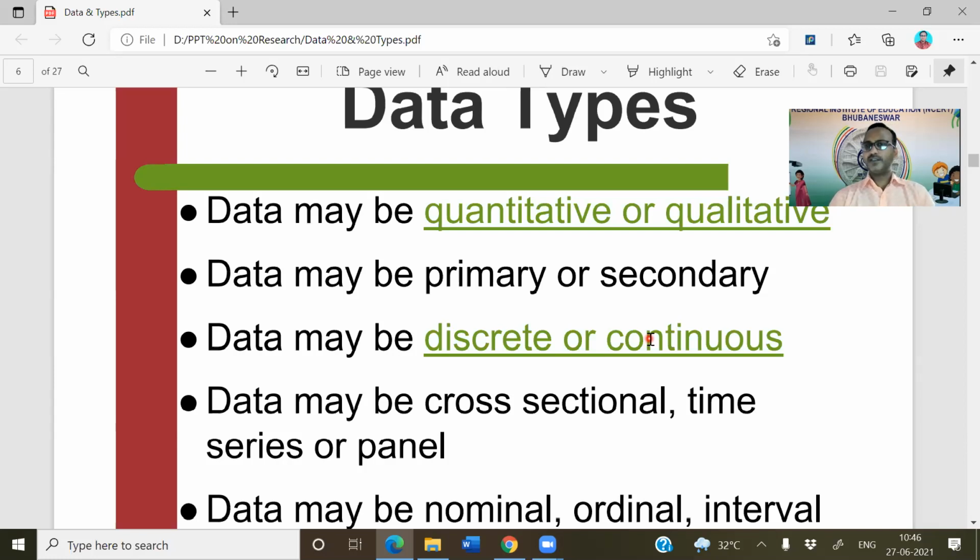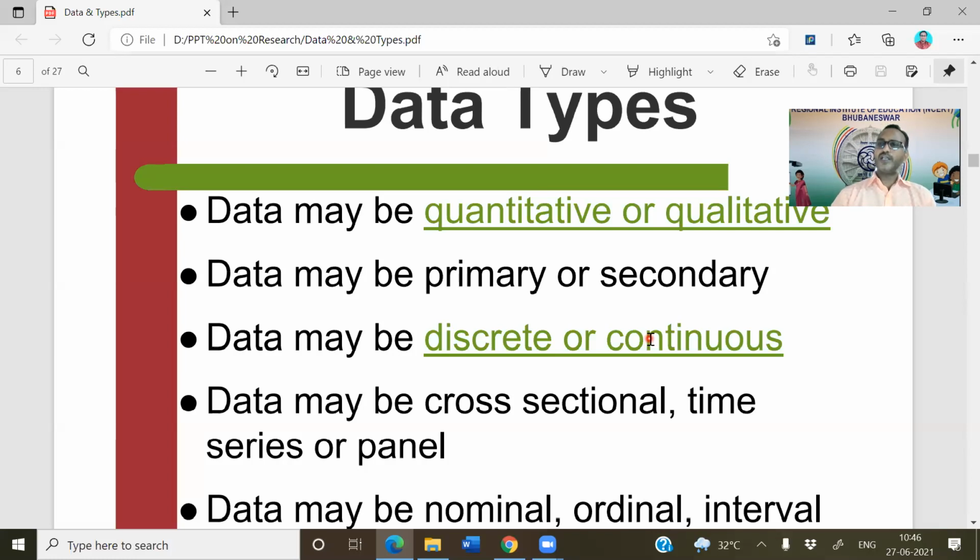But on the other hand, qualitative data can be about the opinion of something. It can be in the form of text, image, audio records, or video clippings. So the main difference is that quantitative data are in terms of numbers.